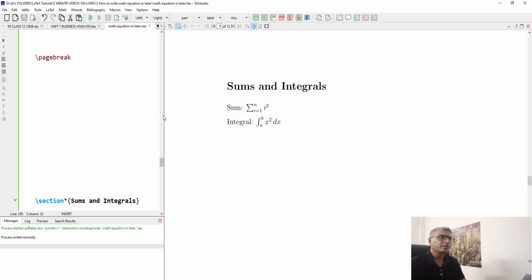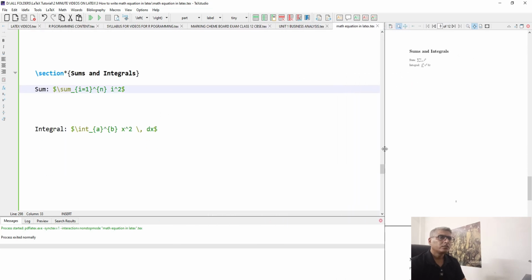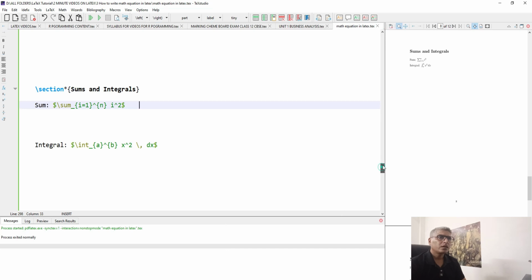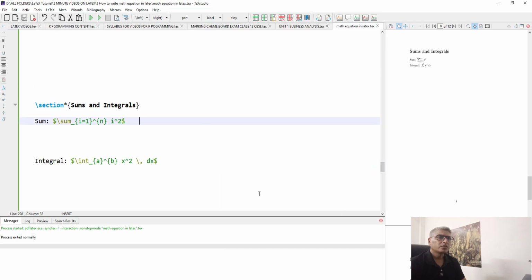Similarly, how to write the integral symbol, that is how to write the integration symbol here. To write the integration symbol, you have to write simply slash int, very simple, and you have to write this in the mathematical mode only.